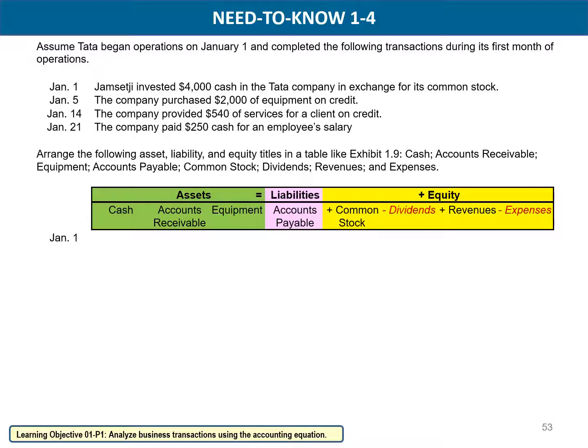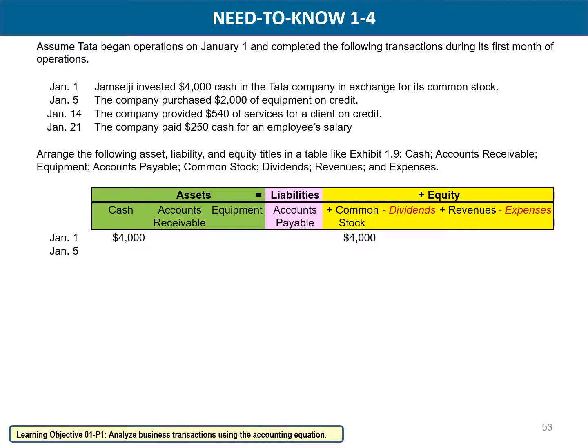On January 1st, they received an investment of $4,000 cash in exchange for common stock. So the first question you should ask yourself is what accounts are affected? So cash and common stock, right? So our cash is going up by $4,000 and our common stock is going up by $4,000. On January 5th, the company purchased $2,000 of equipment on credit.